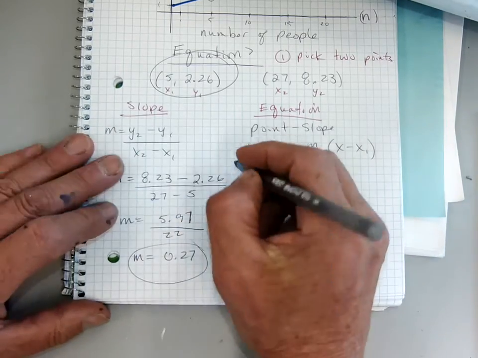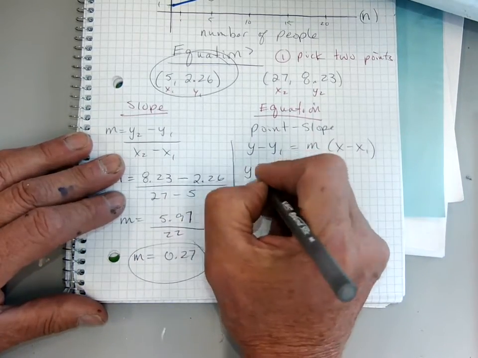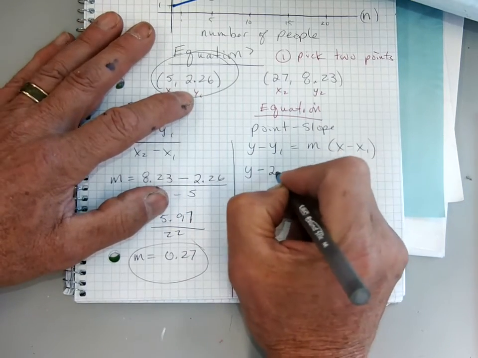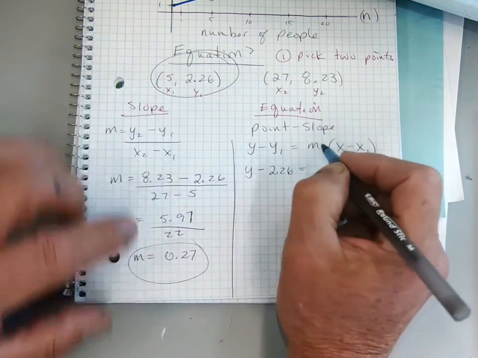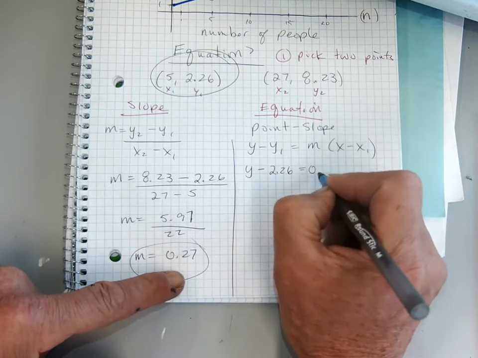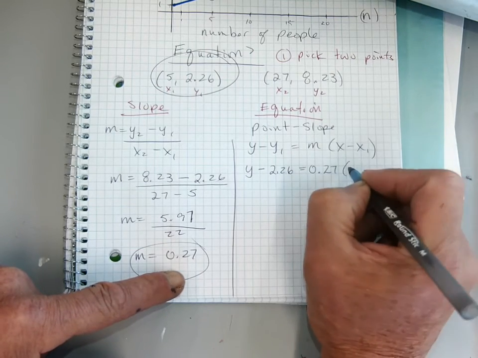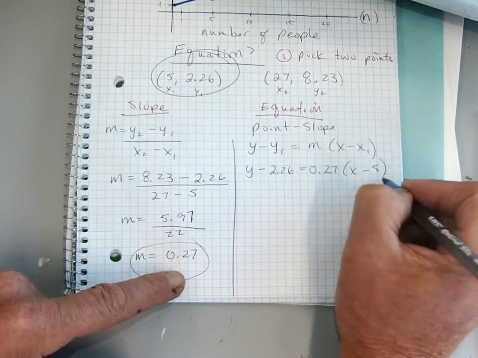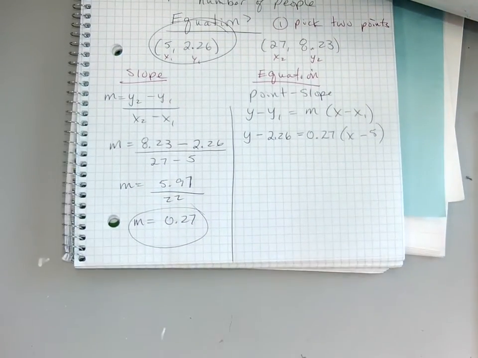So I'm going to rewrite this as y minus 2.26 equals m, which our slope was 0.27, times x minus 5. So just plug my point and my slope into my formula.